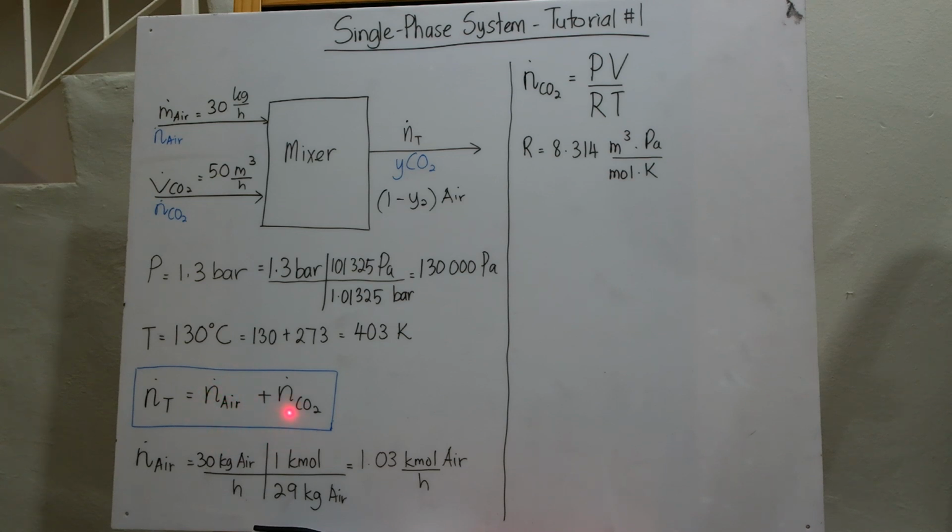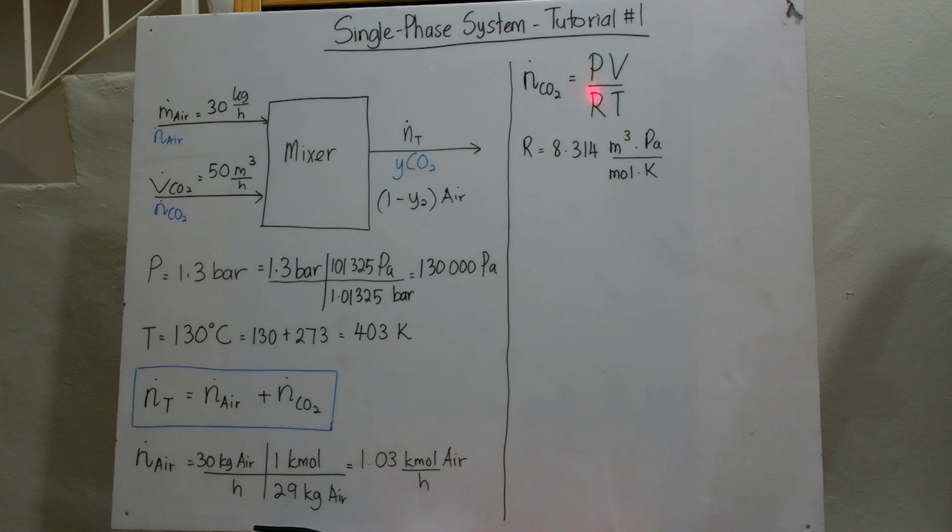Okay, now you need to find the molar flow rate of CO2. Here, what you are given is the volumetric flow rate. So we have to convert this into molar flow rate using the PV equals nRT equation because it is an ideal gas state.